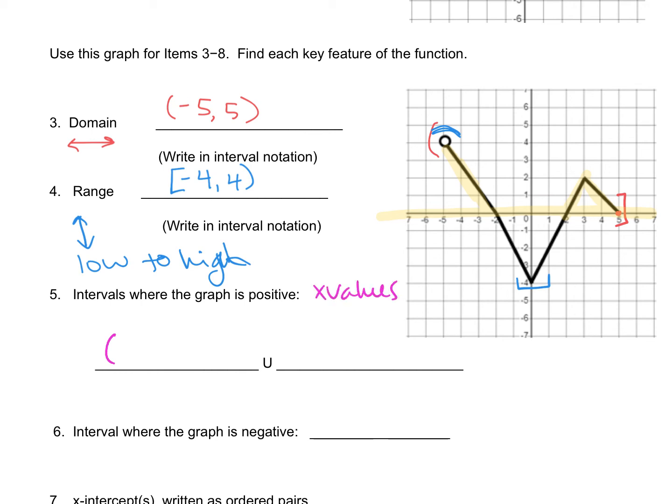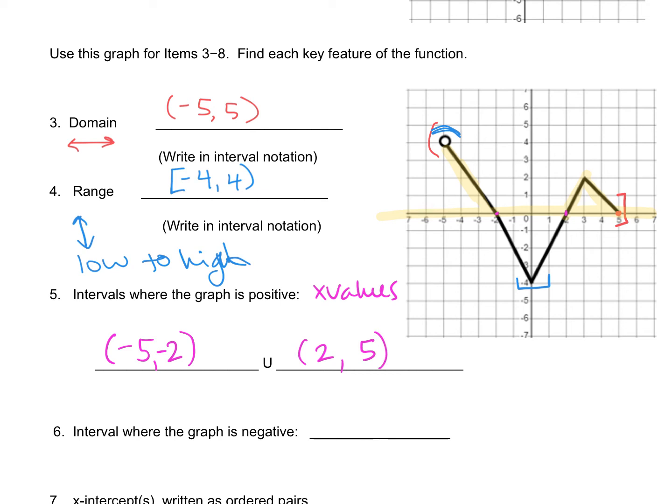So we're going to go from -5 all the way to 2, which is right here. And at 2, we are neither negative or positive. We are at 0, so we're going to say 2 and use a parenthesis. Then we also go back over here and we start at -2. Sorry, that should have been a -2. Start at +2, and that goes all the way to 5.